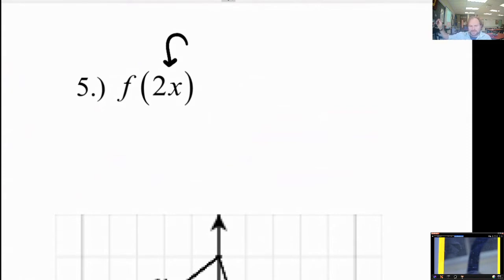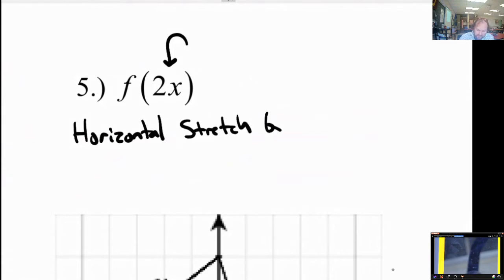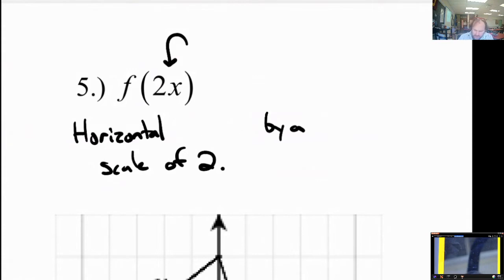Fourth becomes 8th, 8th becomes 16th, and so on. So what this does, it causes a horizontal stretch by a scale of 2. Oh, actually, no, the more I think about it, not a stretch, it's a compression.